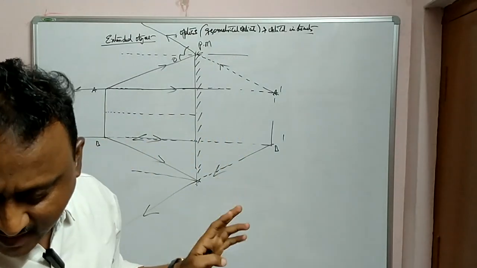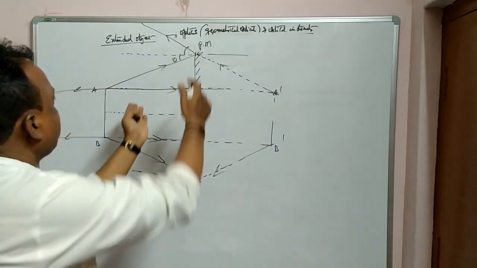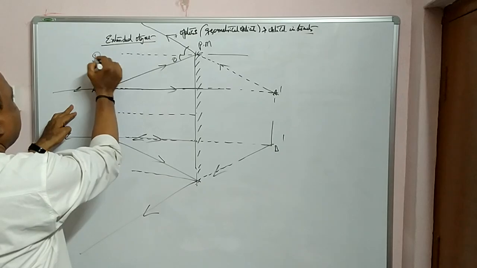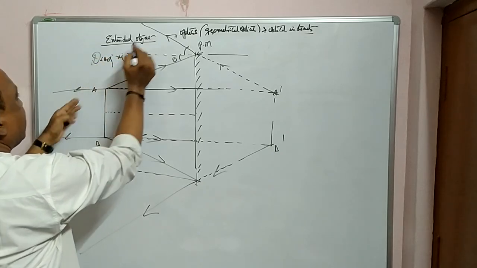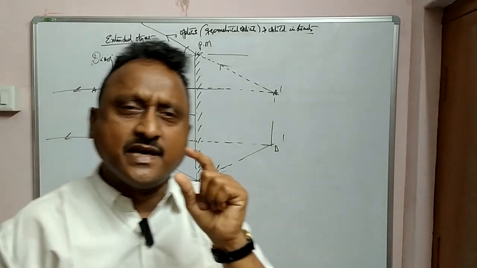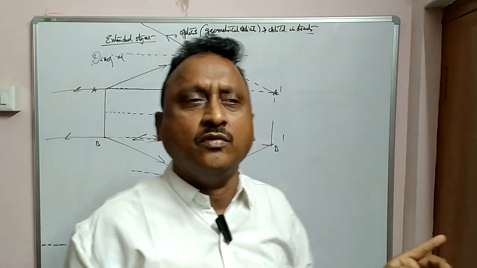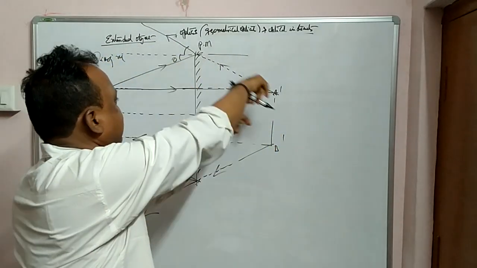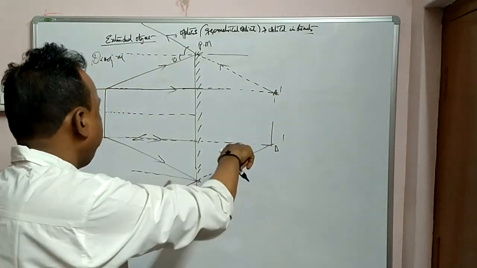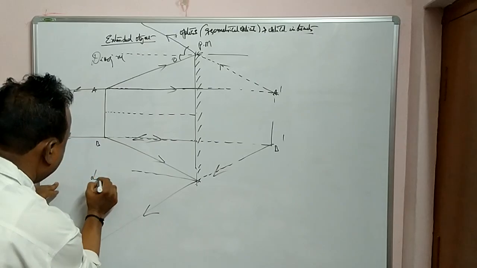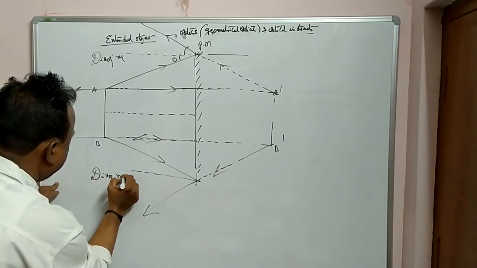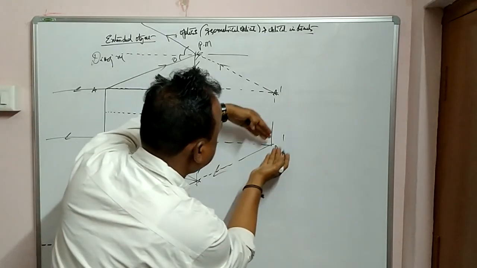This is the ray diagram for the extended, because you see these are diverging rays. They will never meet. Diverging rays ఎప్పుడు కూడా meet అవ్వవు. So what we will do, extend the lines to meet here. The same here, diverging rays never meet, but when you extend they will be meeting.